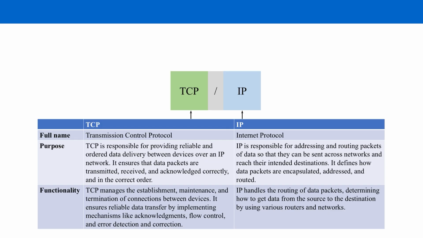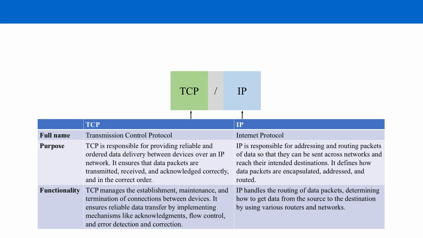And the IP is responsible for addressing and routing packets of data that can be sent across the network and reach their intended destinations. It defines how data packets are encapsulated, addressed, and also routed. The functionality for TCP is it manages establishment, maintenance, and the termination of connection between the devices.